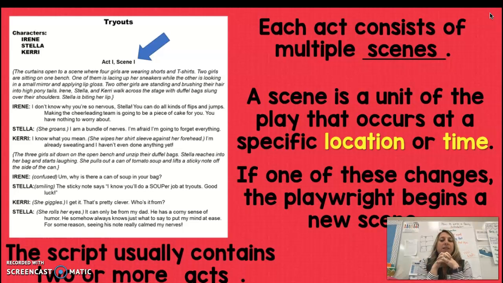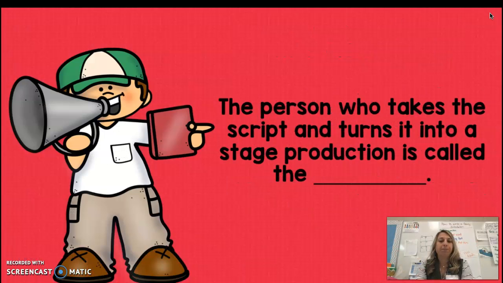If one of these changes, the playwright begins a new scene. So for example, if they start the story and they're in their classroom at school, and then the next part of the story, they're down in the gym, well, that's a whole new scene, because we've changed where we're talking about, and so we have to write a new scene.